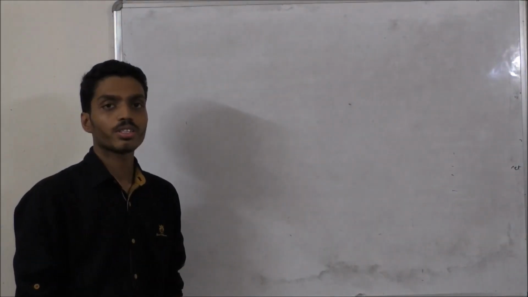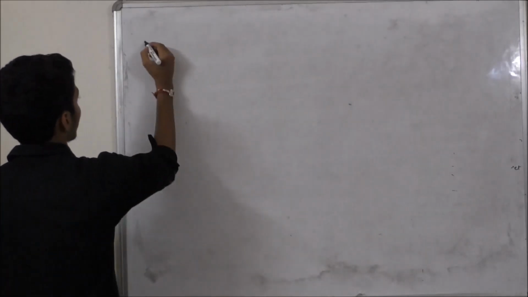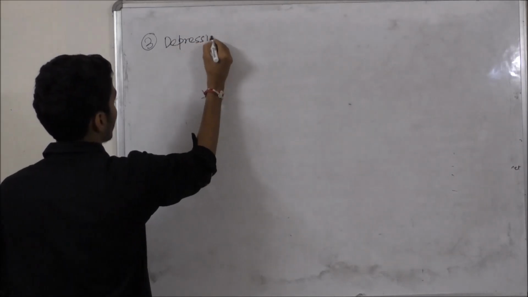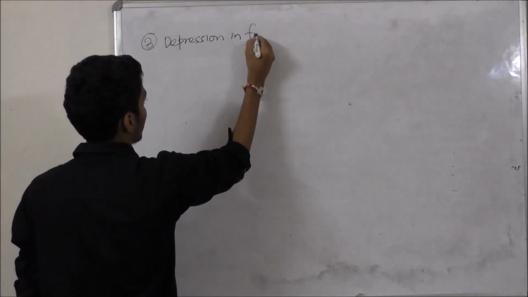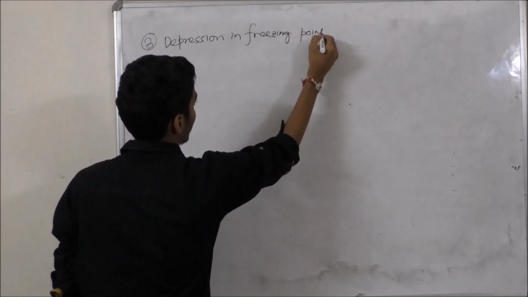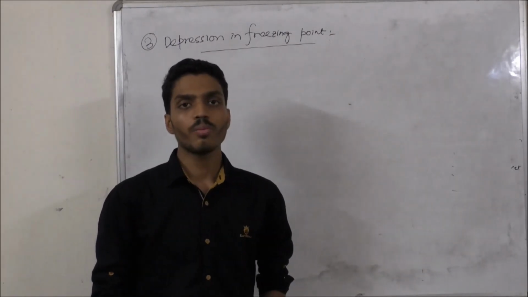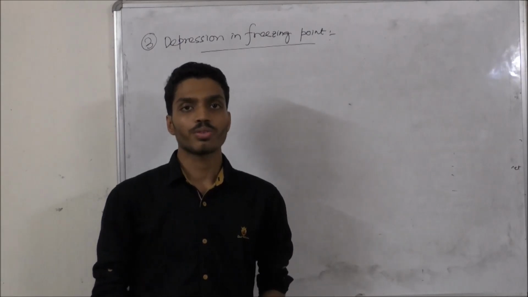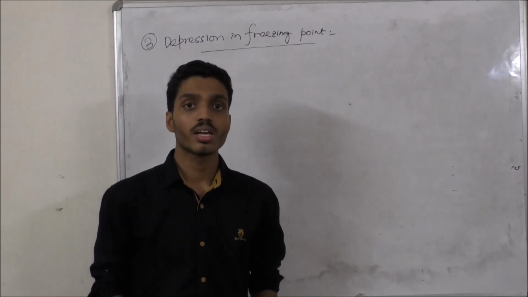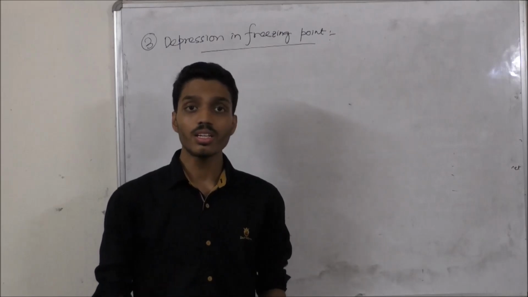So students, let's start the third colligative property, that is depression in freezing point. First tell me, what do you mean by freezing point? The freezing point of a substance is the temperature at which the vapor pressure of that substance in the liquid phase is the same as the vapor pressure of that substance in the solid phase.